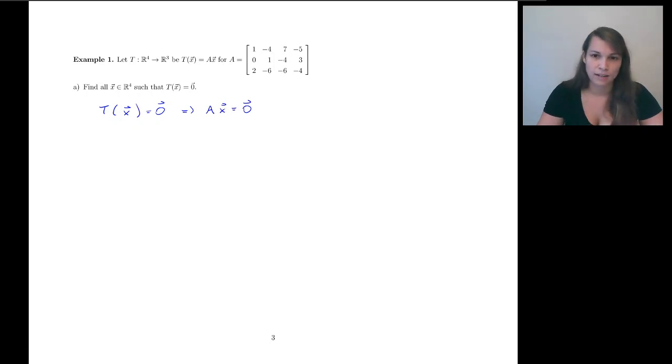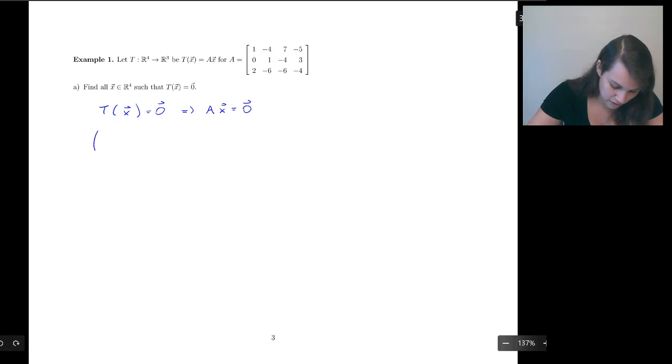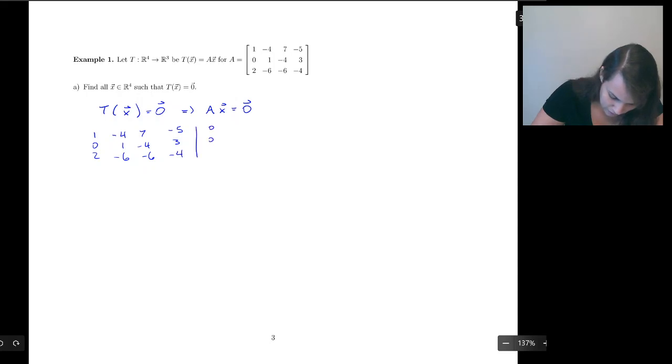So we need to find the X vector such that this is true. We know how to do that for A times X. All we have to do is set up an augmented matrix. So let's do that really quick, and then we've got 0, 0, 0 on the right-hand side.